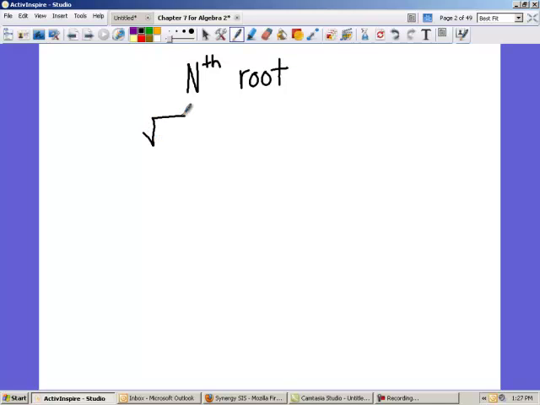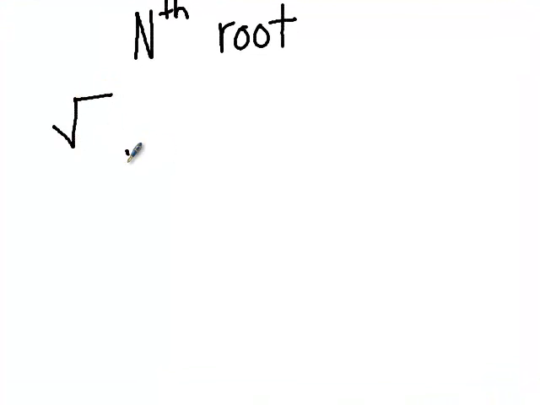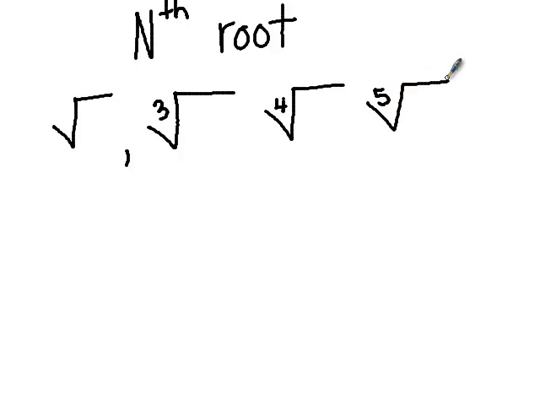We've already been discussing square roots, and you know that there's never a little 2 right here. It's just the square root. Sometimes we have the cube root, and how they do that is by putting a little 3 in there, and then of course there can be a 4th root, a 5th root, and so on.